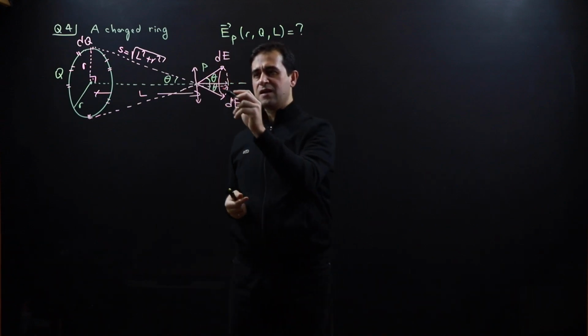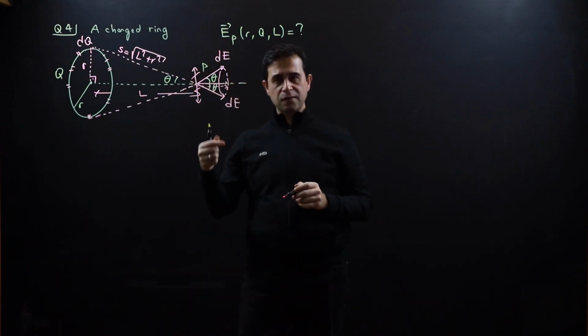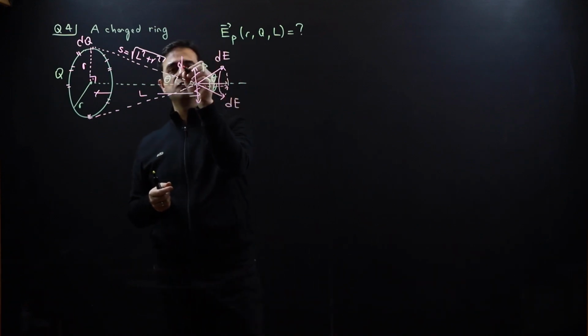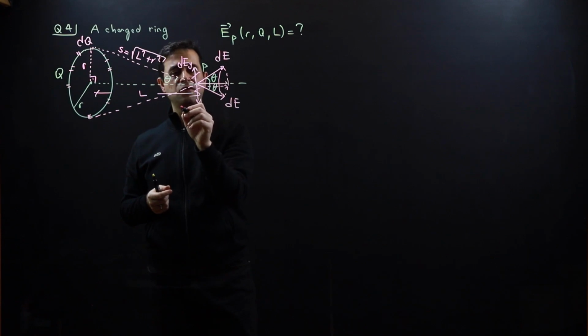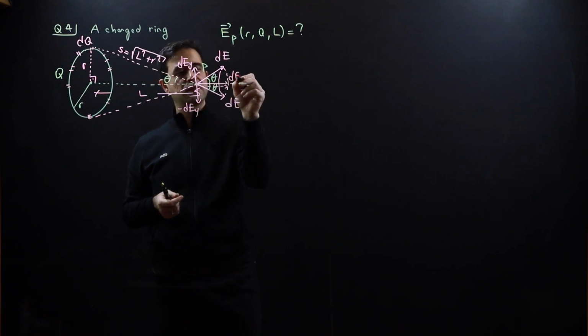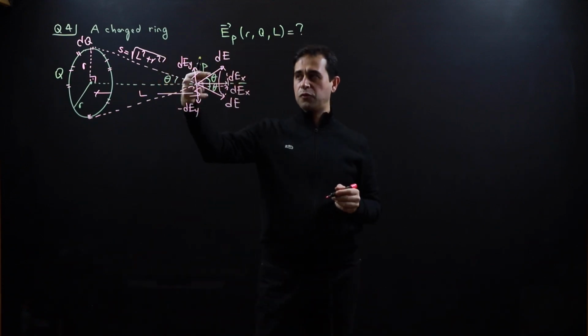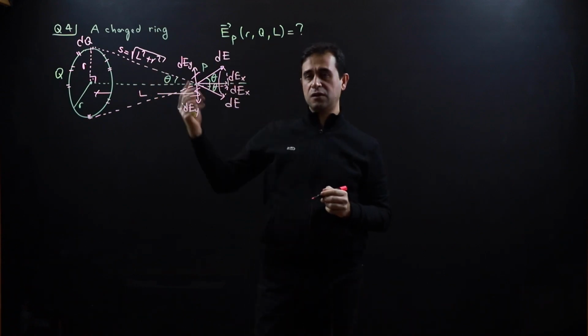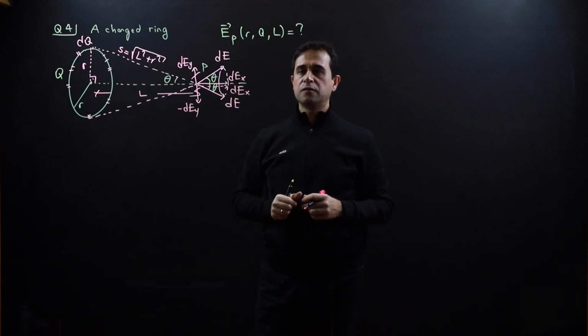So the y components cancel each other, dEy and minus dEy, and the dEx's add up. That happens for all these small parts which are exactly opposite each other across the ring.